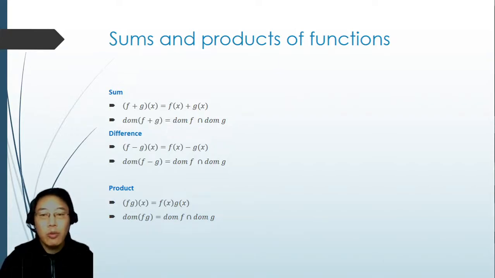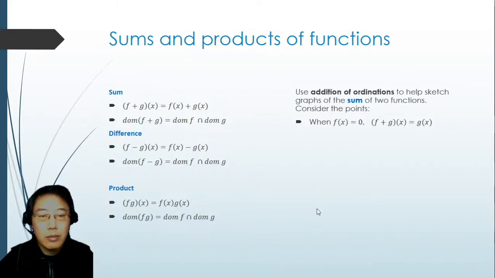So the domain for the sum, the difference, and the same for the product will be restricted to the smaller domain that is common to all functions. You can use a set notation, you can use a number line, whichever works for you.